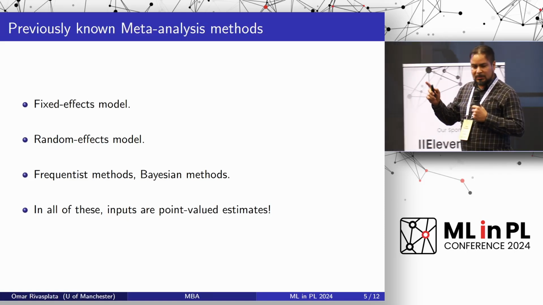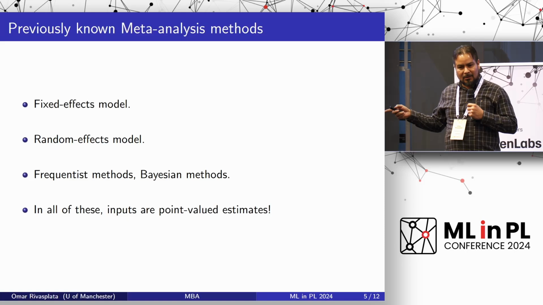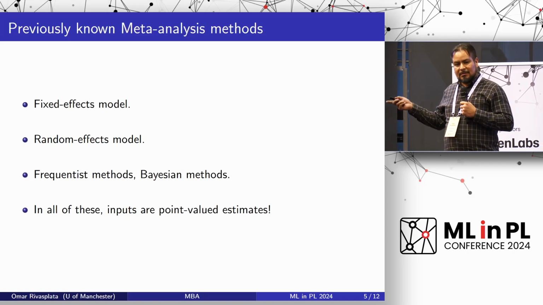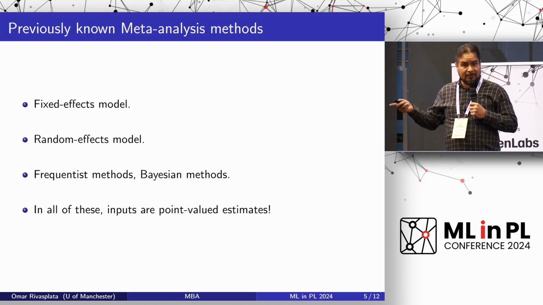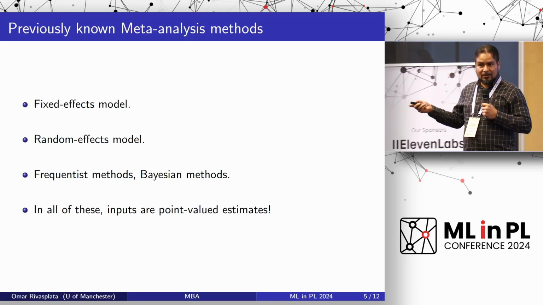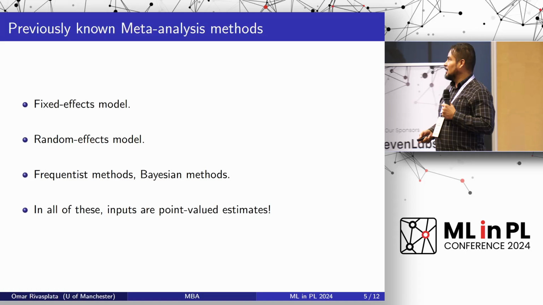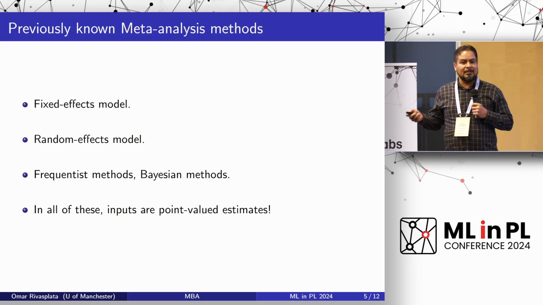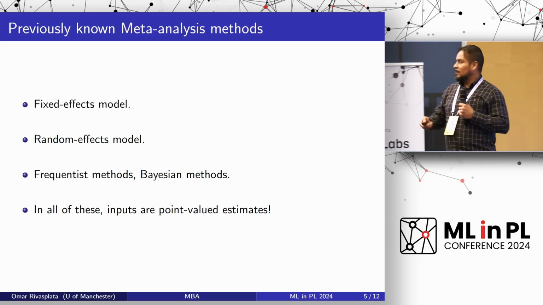I'm sorry, I mean the quantities of interest, the quantities that each analysis is targeting. So the fixed effects model considers those quantities to be non-random but unknown. The random effects model considers them to be random according to some distribution, and then those distributions go into the modeling. And just so you know, there are frequentist methods and there are Bayesian methods to approach meta-analysis.